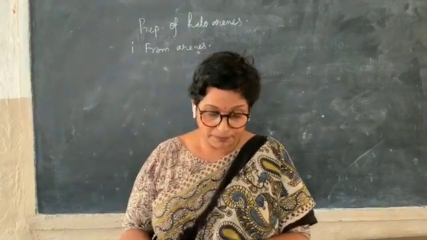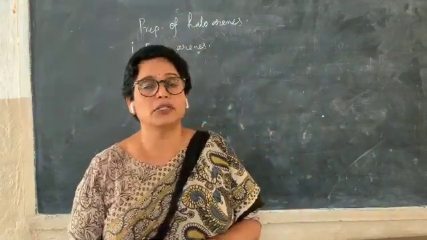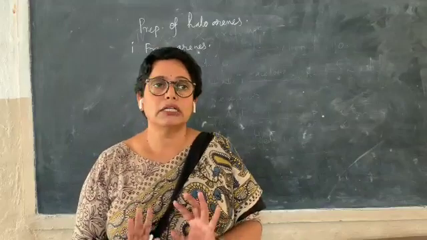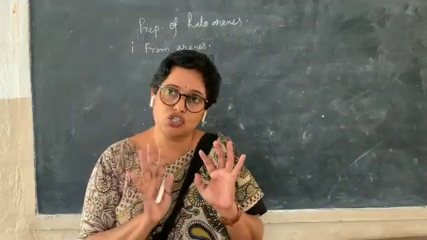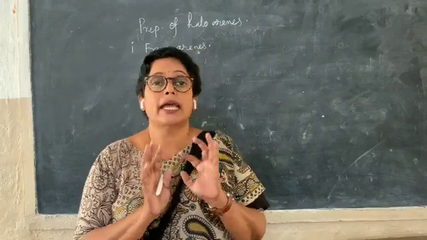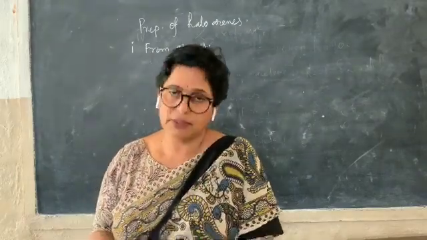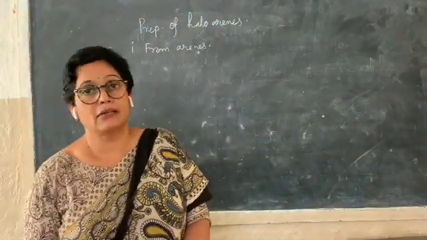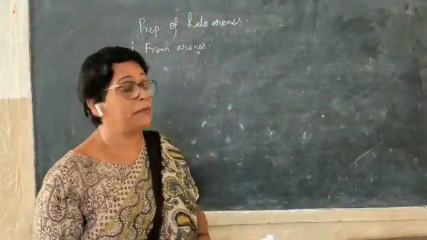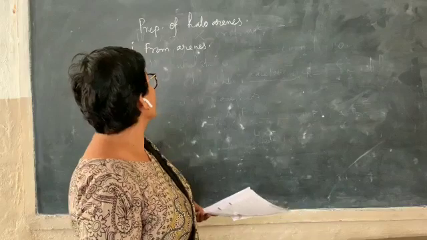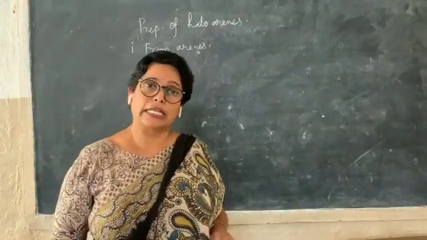Anyhow, one thing is very important here: this reaction must take place in the absence of sunlight. Okay, so let us write. Once again, I am telling this reaction. Haloarenes can be prepared from arenes.